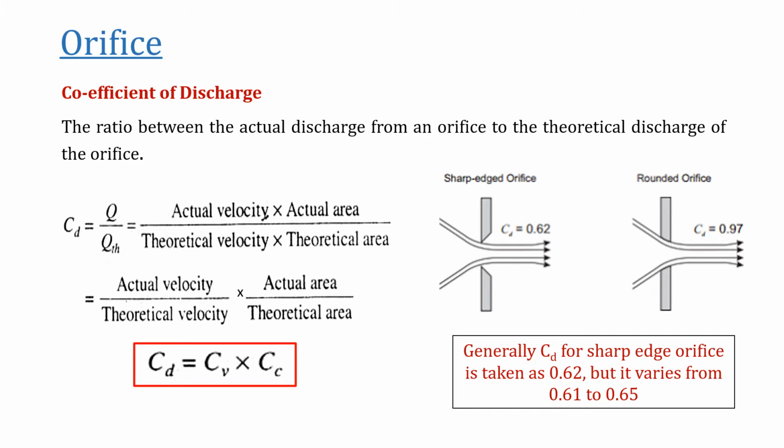So we get another relationship: coefficient of discharge is coefficient of velocity times coefficient of contraction. For a sharp edge orifice, coefficient of discharge is generally taken as 0.62, but it can vary from 0.61 to 0.65. For a rounded orifice, the coefficient of discharge is 0.97.